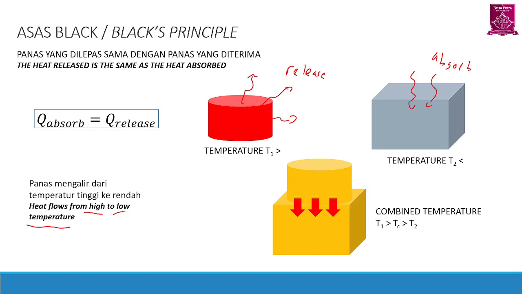So if I combine these two objects, the heat flow will be like this, from the high temperature on top to the lower temperature at the bottom here, and we have the combined temperature Tc.